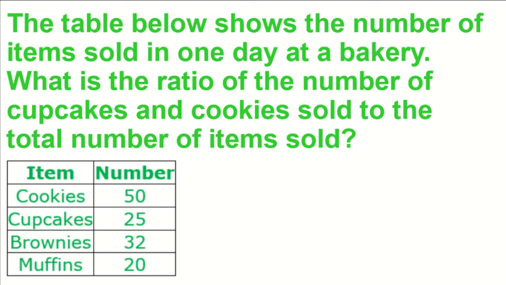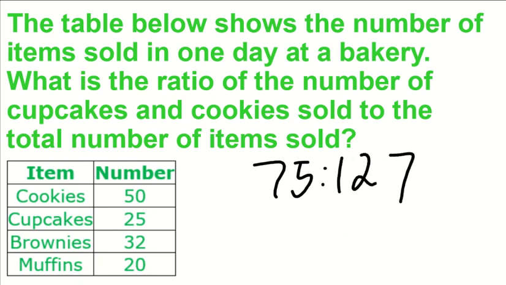All right, who thinks they got it? 75 to 127 is correct. All right, so it's not a whole lot more difficult. It's just different than some of the other ones we've done because it says cupcakes and cookies.